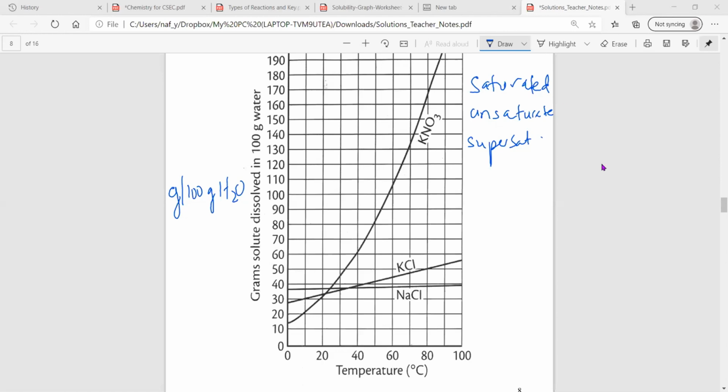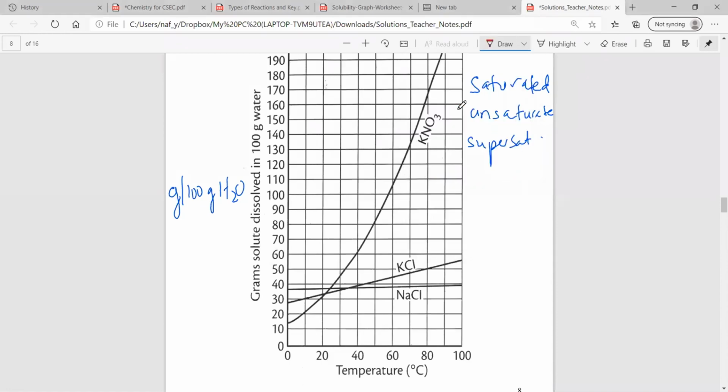Now, how do we know if a solution is saturated, unsaturated, or supersaturated from a graph? This is what we're going to do. On a graph, we will find the points. You will be provided with the solubility at a specific temperature.